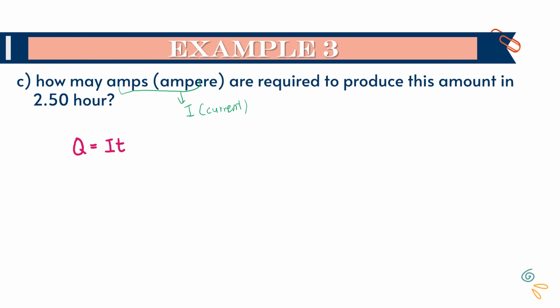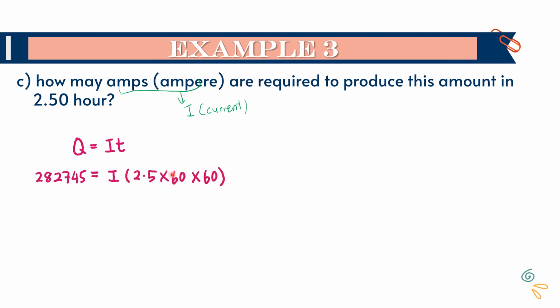So, boleh ke tak kita nak gunakan Q equals to IT dekat sini? Experimental Q, yes, kita dah dapat tadi pada part B. Time, do we have the time? Yes, 2.5 hour over here is given. Tugas awak adalah tukarkan 2.5 jam kepada saat. So, substitute all the value. Q, 282,745, the one that we get from part B. I, the one we want to find. And then T, okay, so dekat sini, saya tunjukkan calculation dekat dalam ni.